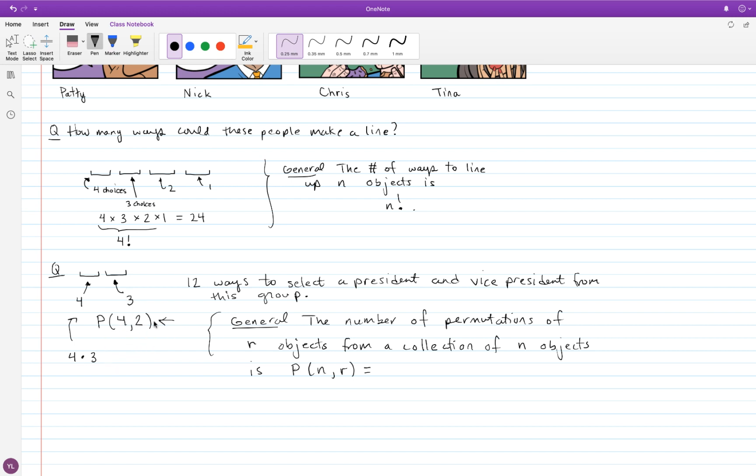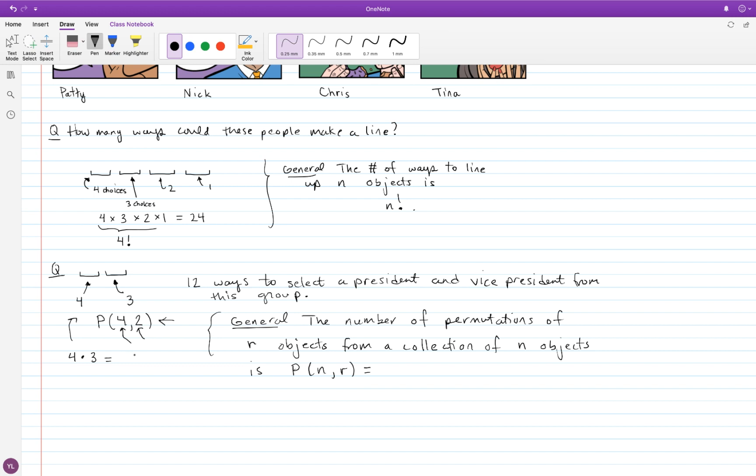So again, let me clarify what we're doing here. We're selecting 2 objects from 4 and lining them up. That's the number of permutations of 2 objects chosen from 4. And the count here is that I've got 4 choices for the first person and 3 choices for the second person. So 12 is the answer to P(4,2), I guess. Okay, but let me make an observation about the number 12.